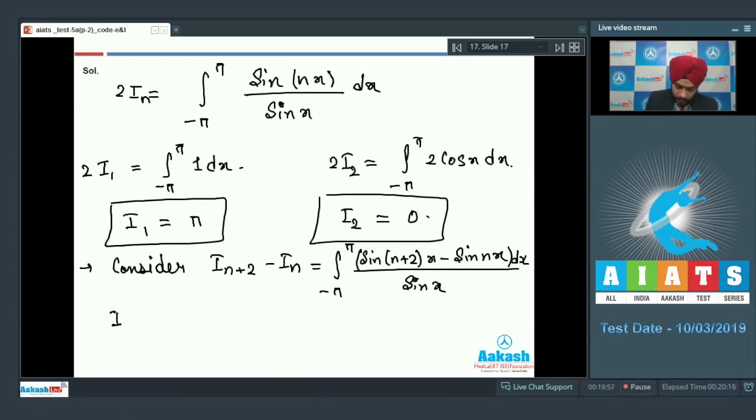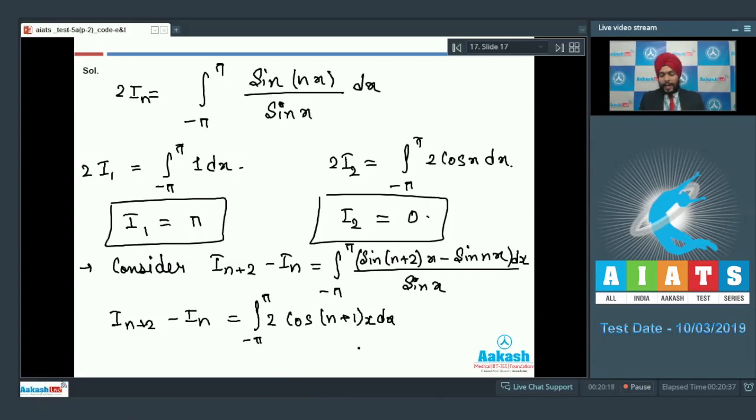So this In plus 2 minus In will be 2 sine of c minus d by 2, so 2 sine x, that is cancelled, cos of n plus 1 x, so 2 cos of n plus 1 x, and the answer is definitely going to be 0. Students, because cos of ax from minus pi to pi has to be 0, so In plus 2 is equal to In. This is the relation which we can obtain.